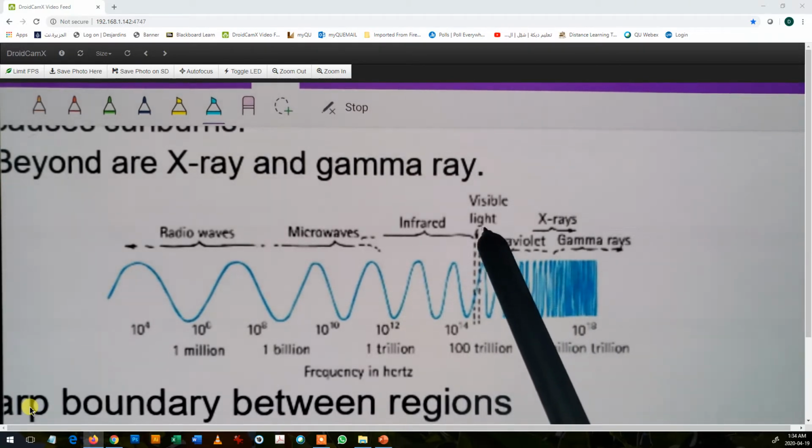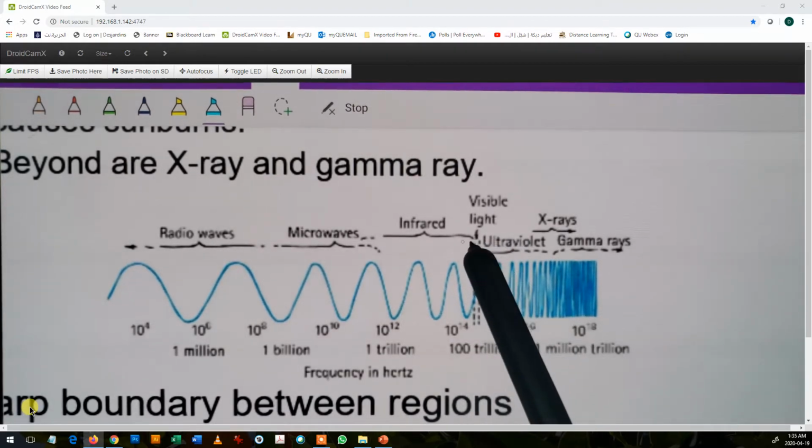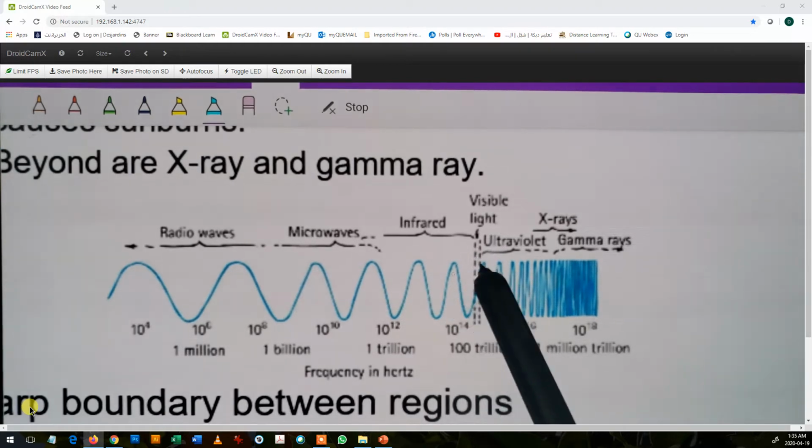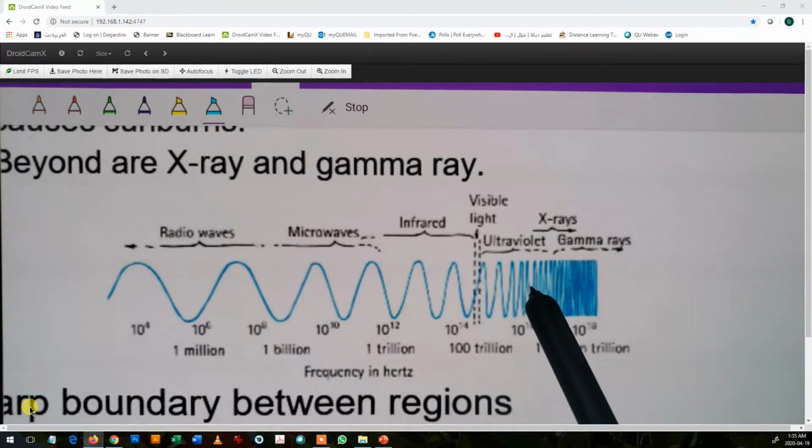We have this tiny spectrum of the electromagnetic wave, which is the visible light. We start with red until violet, and then we have ultraviolet, and starting from ultraviolet, the electromagnetic waves start to have very high frequencies, which can affect living cells.